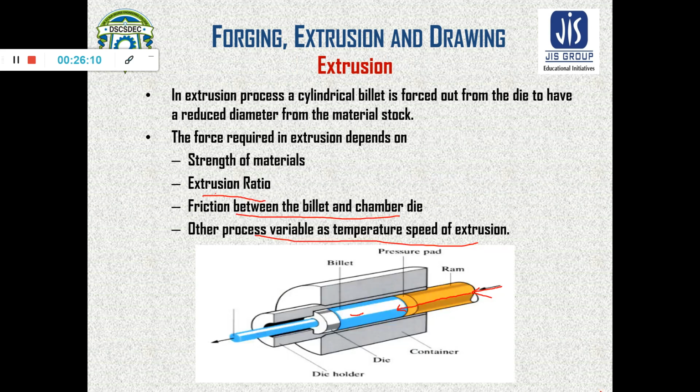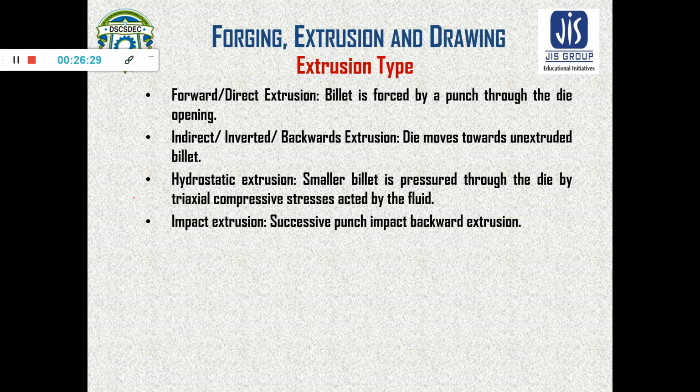This is an example of forward extrusion or direct extrusion, in which the die is fixed and the material stock is pressed to move out from the orifice. This type of extrusion is known as forward extrusion or direct extrusion, where the billet is forced by a punch through the die opening.